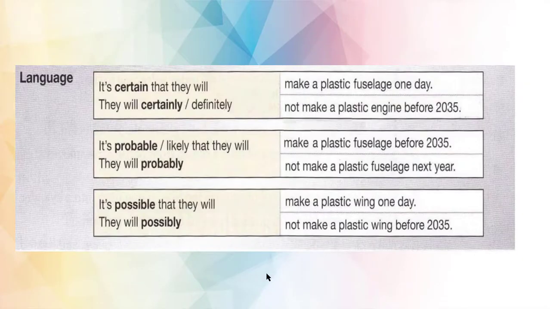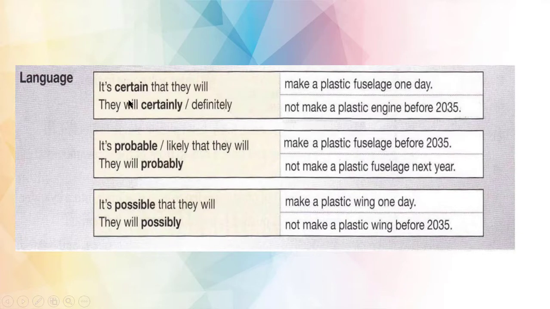Today's grammar lesson is about expressing certainty, probability, and possibility. Let's read and discuss the examples in the table. It's certain, I'm certain, that they will make a plastic fuselage one day.